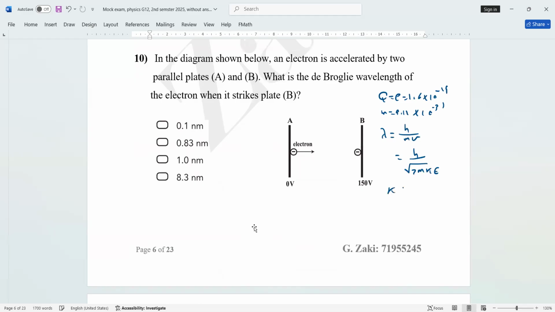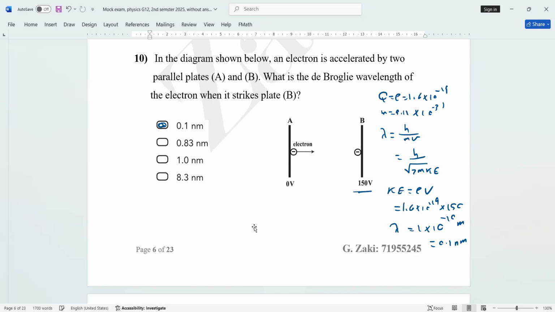The kinetic energy equals e times V, where e is the charge of the electron and V is the potential difference, 150. So we can calculate and get lambda. By calculation, lambda is 1 times 10 to the power negative 10 meter, which is 0.1 nanometer. So the correct answer is that.